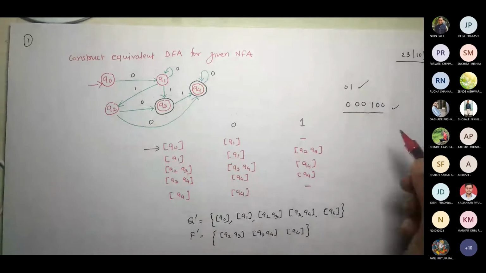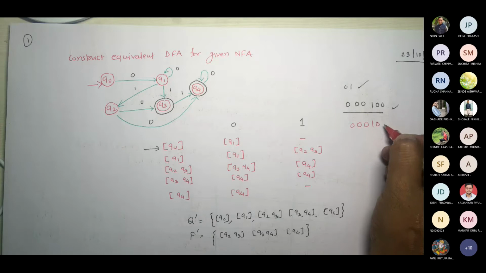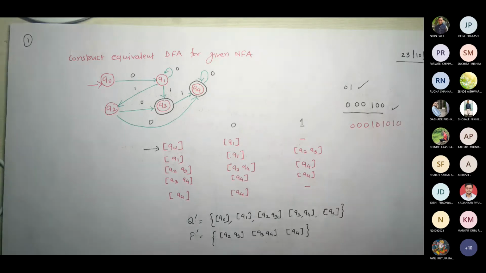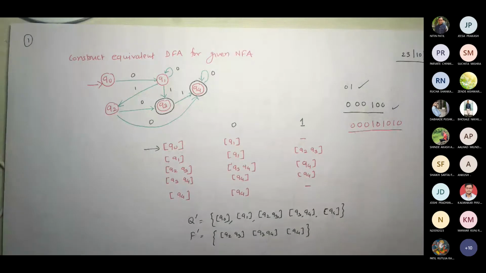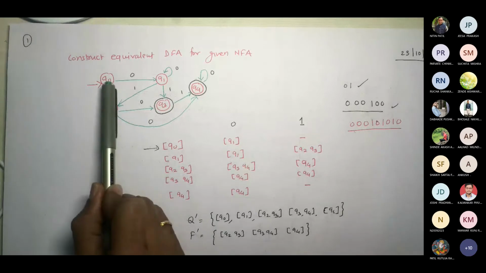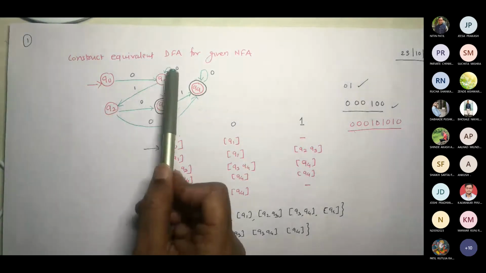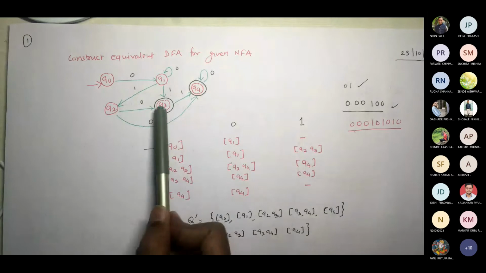Now let me take another string, 0 0 0 1 0 1 0. If I follow this, 0 0 0, then 1, then 0, then 1.